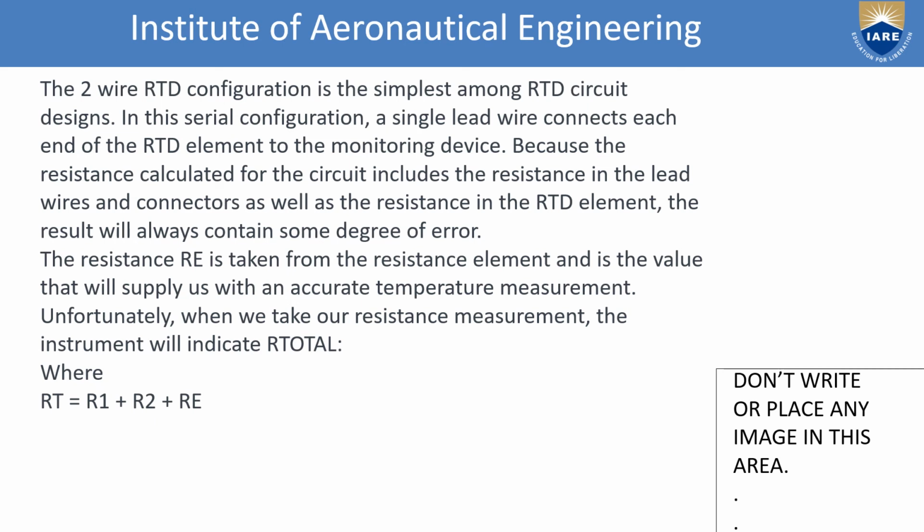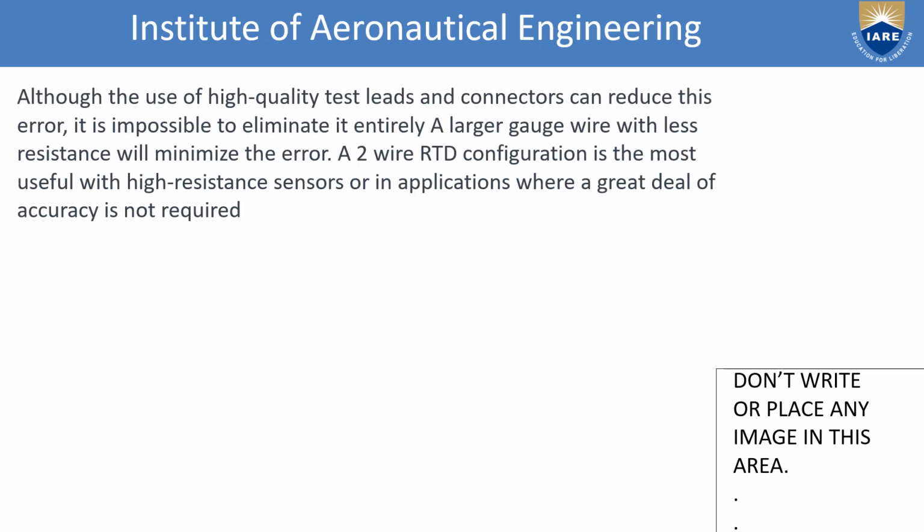Unfortunately, when we take our resistance measurement, the instrument will indicate R total, where RT equals R1 plus R2 plus RE. Although the use of high quality test leads and connectors can reduce this error, it is impossible to eliminate it entirely.